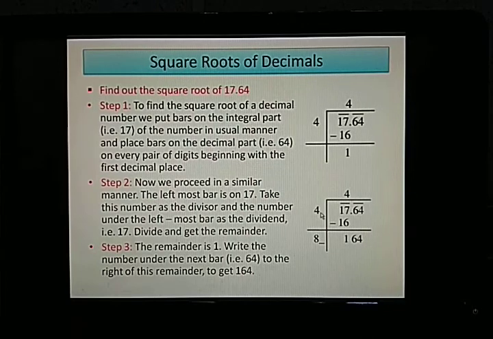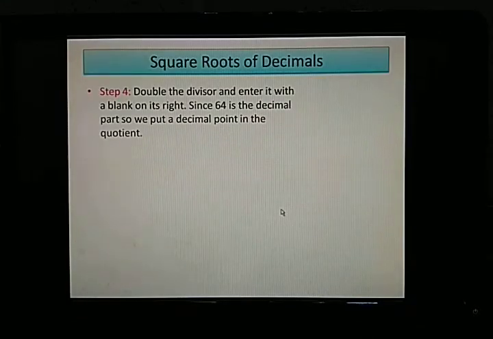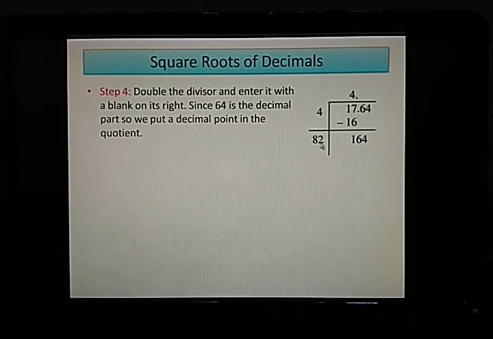After that we need to double 4, that will be 8, and leave a blank on the right side. Same thing, we have to find a digit here that will be placed here as well as in the quotient, and that should be such that the product is less than or equal to 164. So let us see if there is any such number. Yes, there is one number, that is 2. So we put 2 here as well as 2 in the quotient. But since this is a decimal, we'll put a decimal point here, because this was the integral part.